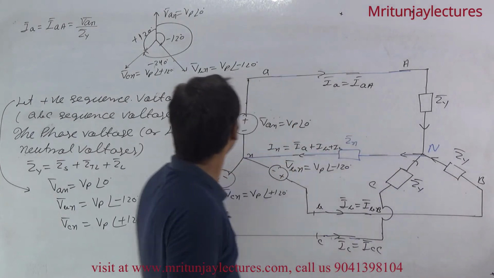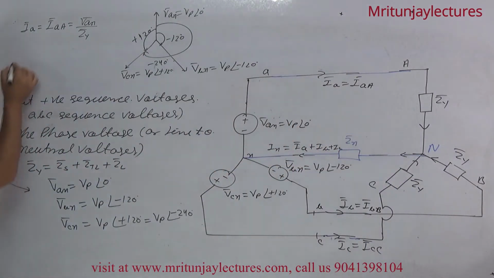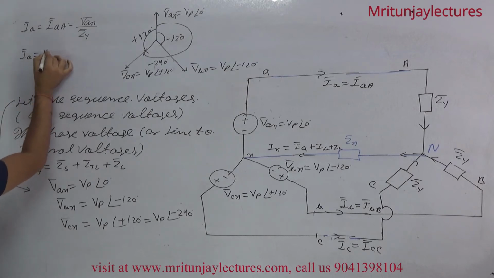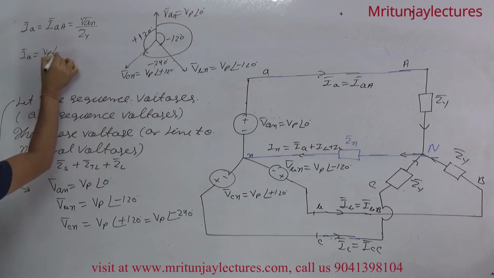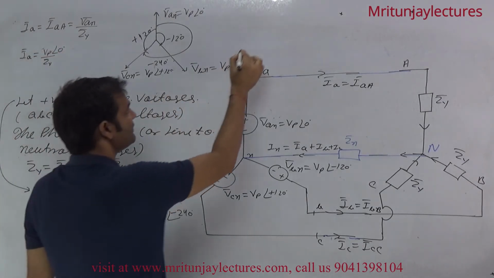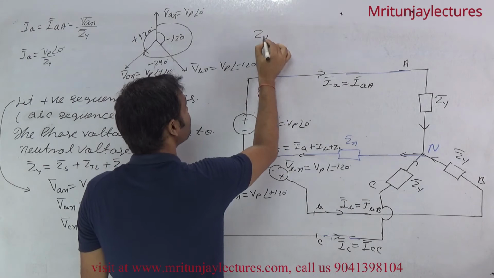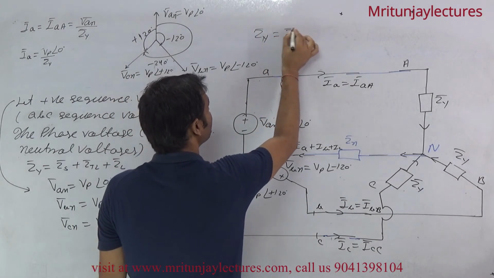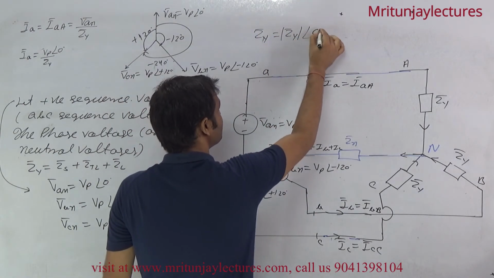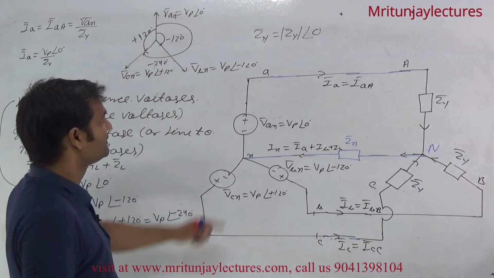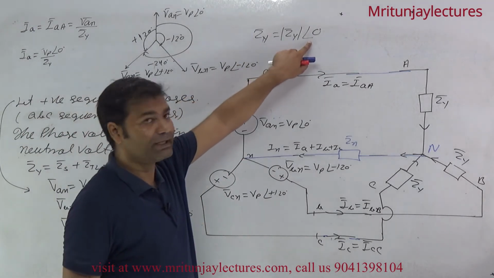So IA is written, for magnitude, as Vp divided by ZL. For simplicity, this impedance is magnitude at the angle 0.